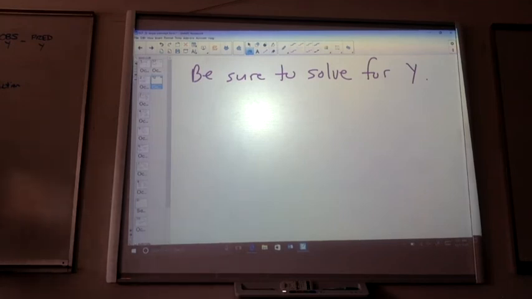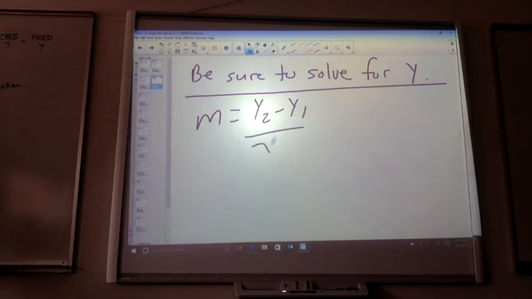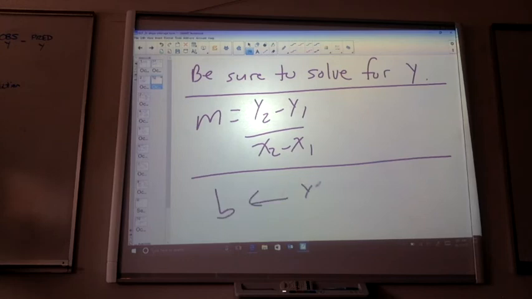Okay, so be sure to solve for y. The slope equation happens to be this. Your b value is your y-intercept. The y-intercept is indeed a point, so 0, comma b. Those are all things for this lesson.